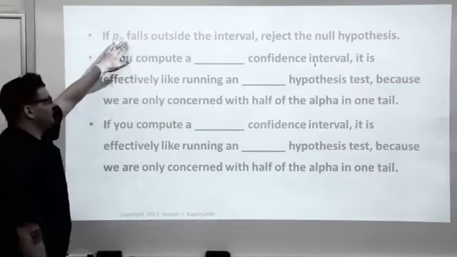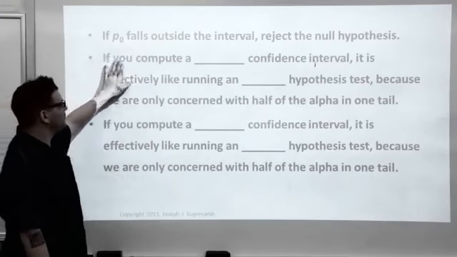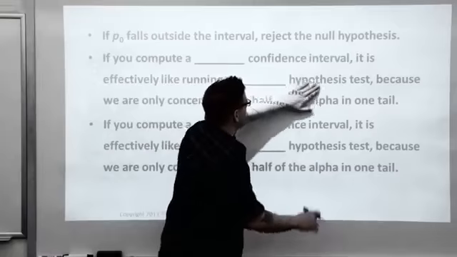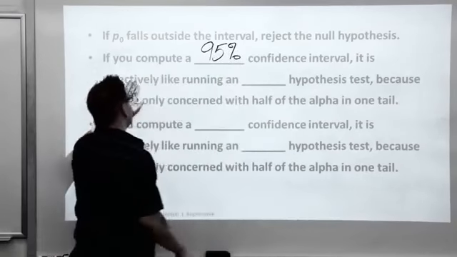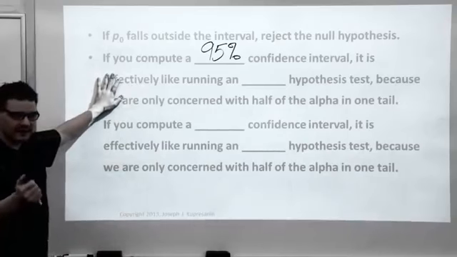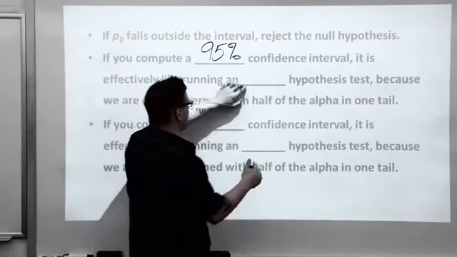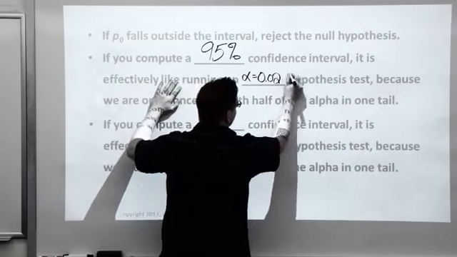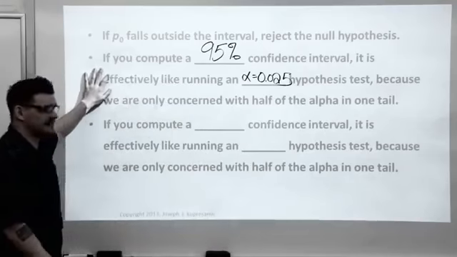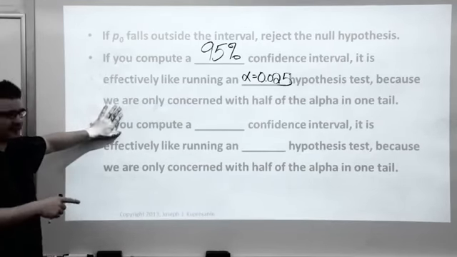Again, if p sub 0 falls outside the interval, we reject the null. If you compute a 95% confidence interval, the full alpha is 0.05, but we're only looking in one tail. This is effectively like running an alpha 0.025 test. It's half of the 5%, because we're only concerned with half the alpha.